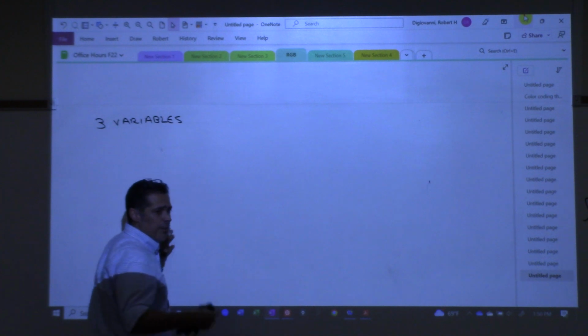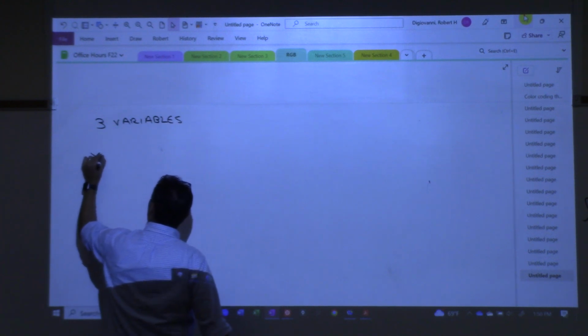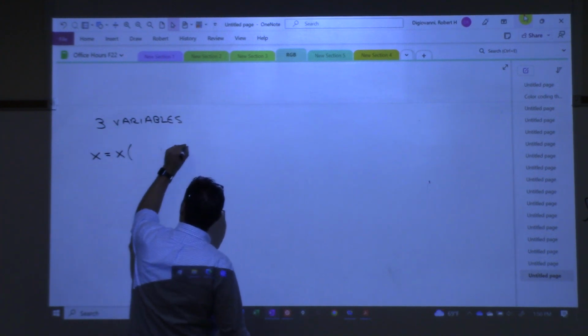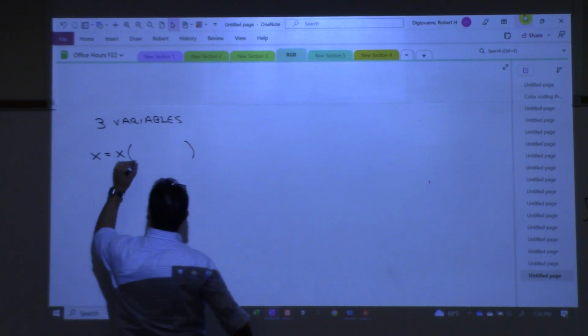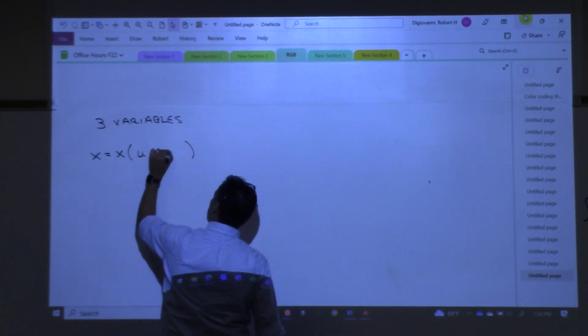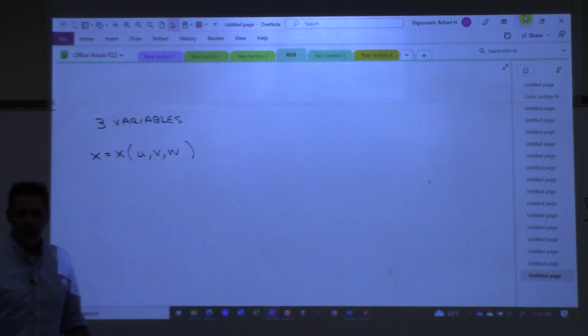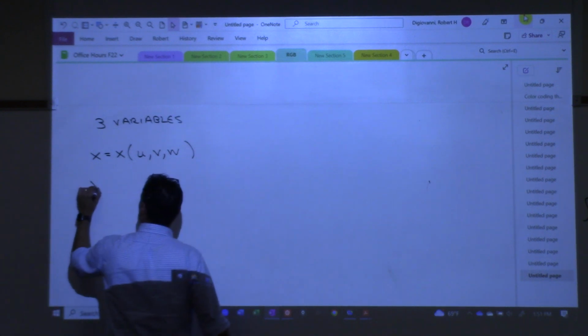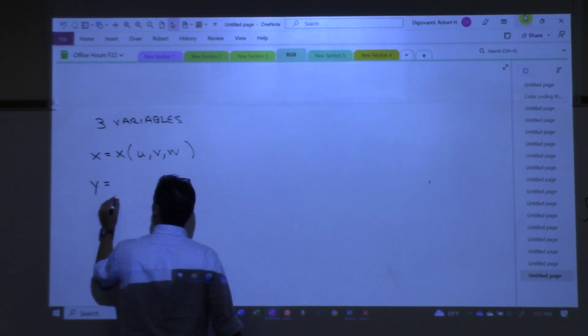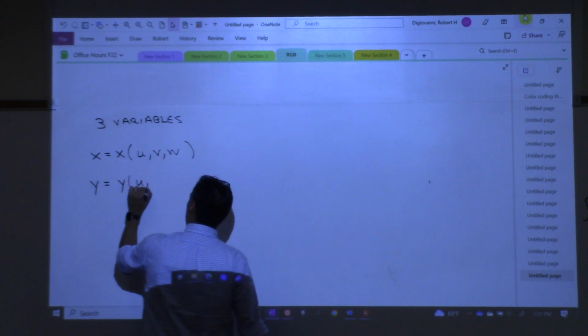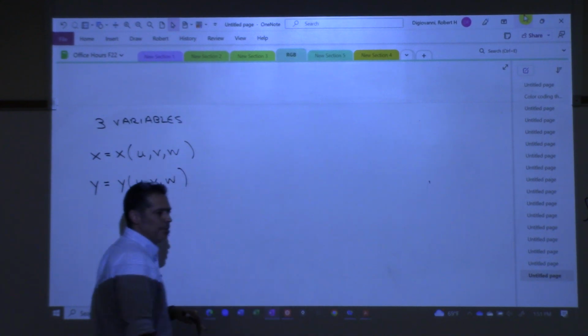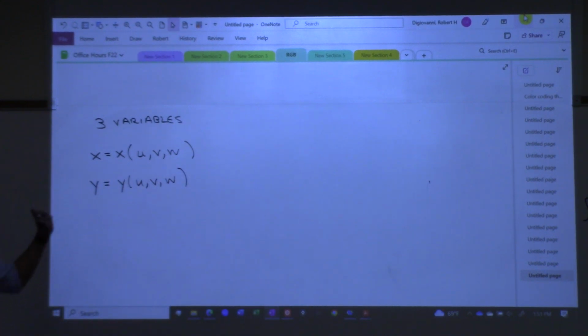And I want to make a conversion, my x is now going to be a function of how many things? 3. So I'm going to say u, v, and w, right? And then my y is going to be a function of what? 3 things, u, v, and w, right? I don't know what these functions are, but I'm changing my variable from x, y, z over to u, v, w.